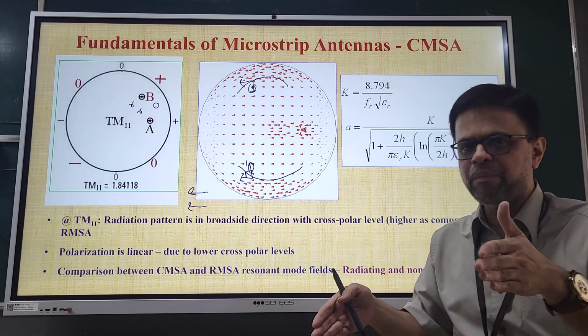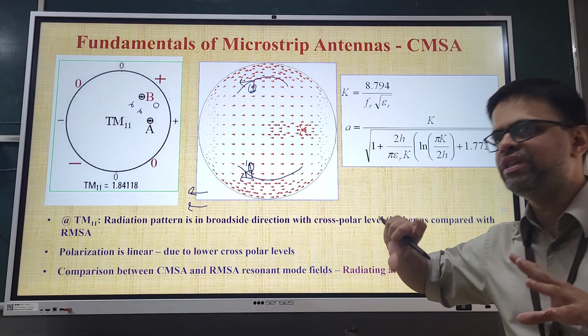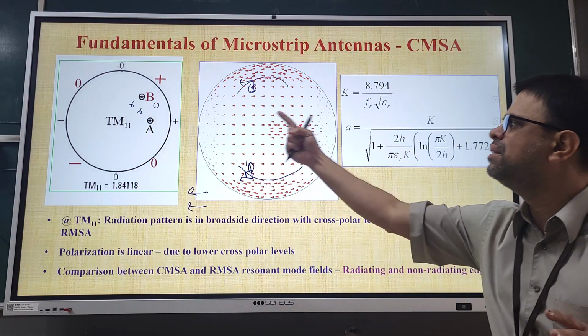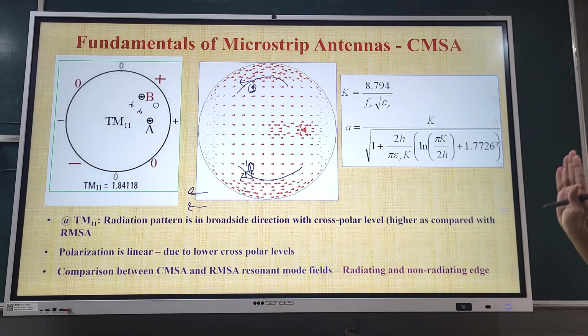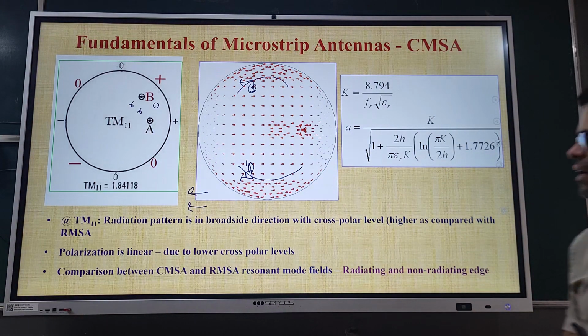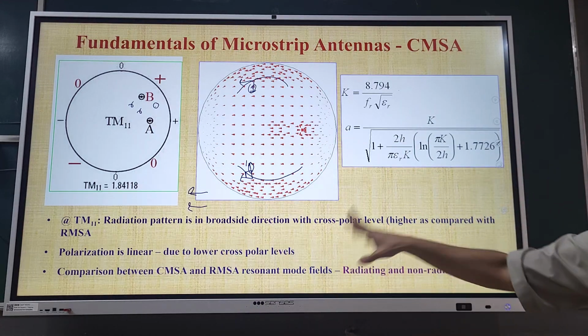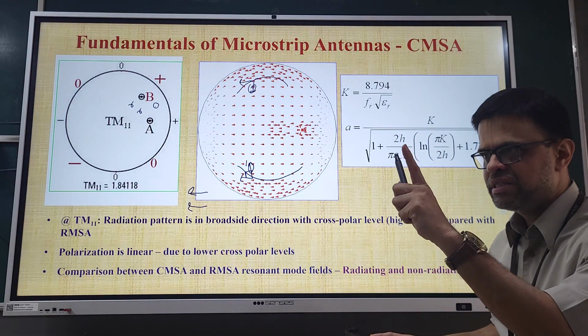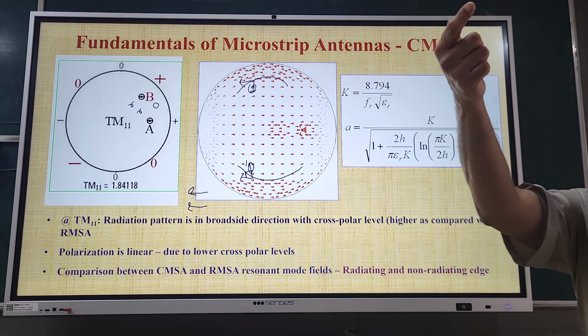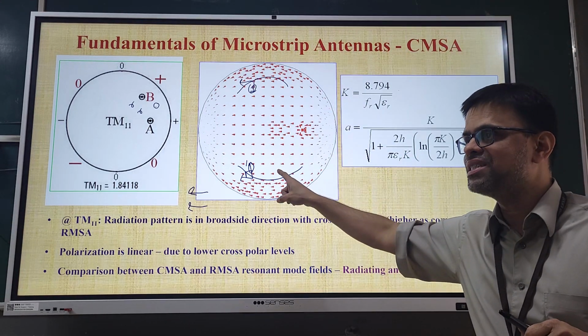Our today's main thrust is on higher order modes, so with respect to that, I will try to align my discussion over here. Polarization is linear, radiation pattern is broadside, and compared to RMSA, it has a slightly higher cross polar level. But one of the big advantages of CMSA, talking about the higher order modes, is that it gives you a harmonic separation.